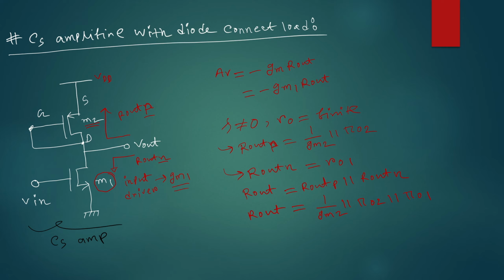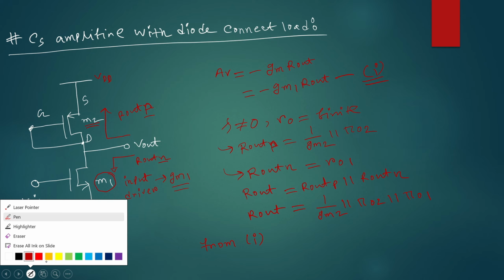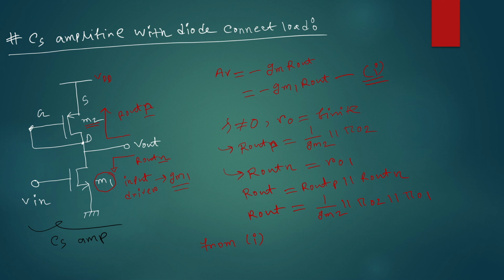Now you put the value in equation 1. From equation 1, you can write that the voltage gain Av is equal to minus gm1 into Rout, which is nothing but 1 by gm2 parallel RO2 parallel RO1.